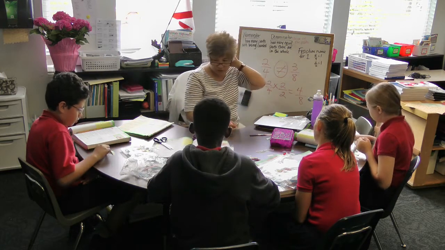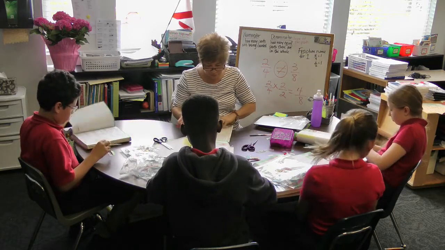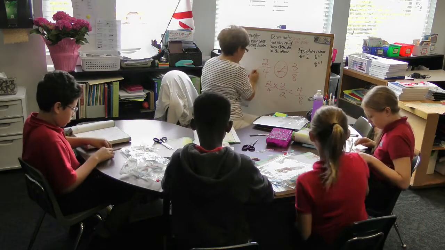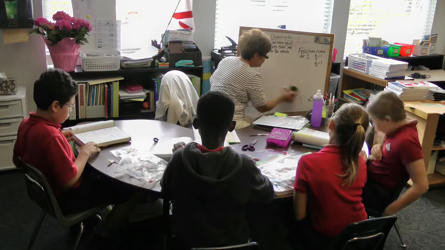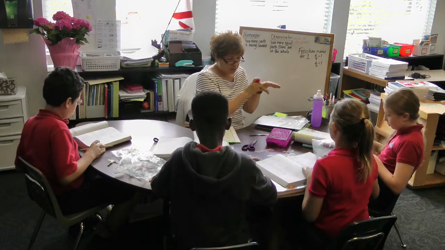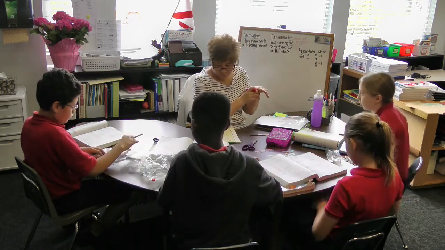Okay? So let's try a couple more to generate some more equivalent fractions. You can use your fraction strips, or we can use the multiplication of the fraction name for 1.